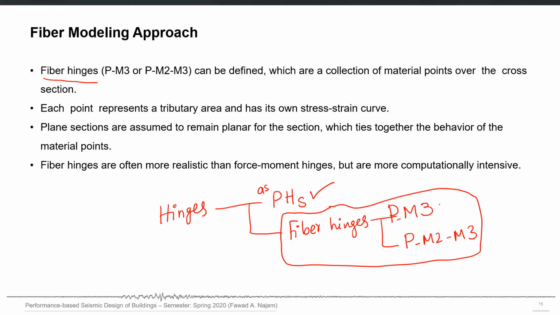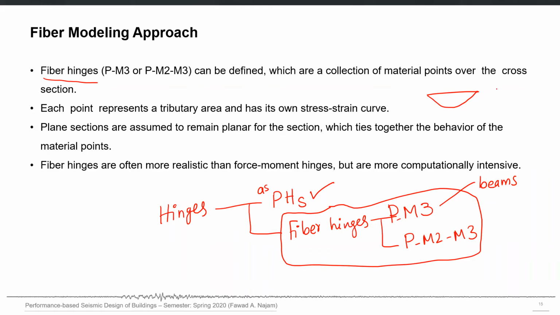The PM3 fiber hinge is used for beams and shear walls, which means for those elements in which bending is considered about only one major axis, and bending about the second axis is not considered. For example, beams can bend only in this direction and not in the out of screen and into the screen direction. Beams can bend only about one axis.